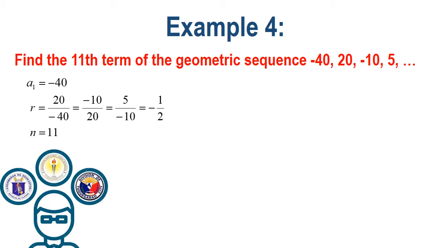Substitute a sub 1 equals -40, r is equal to -1/2, and n is equal to 11 for the formula for a sub n, which is a sub n is equal to a sub 1 times r raised to n minus 1. Therefore, we have a sub 11 is equal to -40 times -1/2 raised to 11 minus 1.